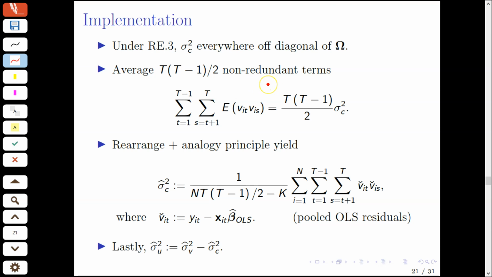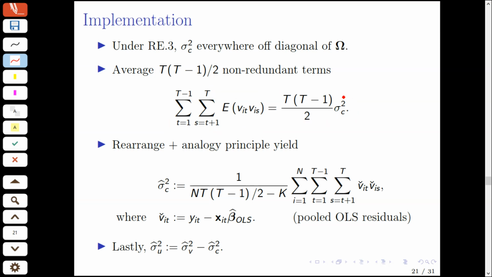Since I'm going over all the off-diagonal terms, at no point do I have s and t equal to each other. All I'm getting is a sum of T times T minus 1 halves of the individual effect variance.